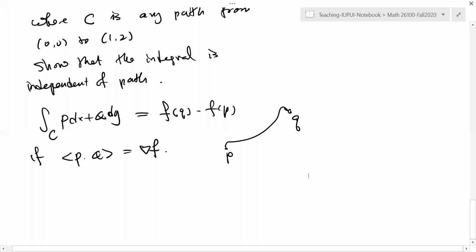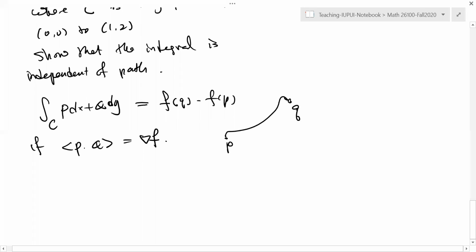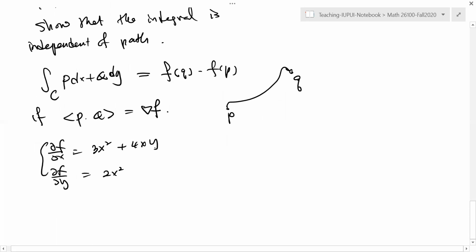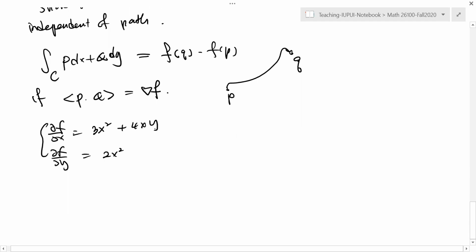All right, so all I have to do is find the little f. Our P is going to be 3x squared plus 4xy, and our Q is 2x squared. So how do we find f? Just integrate either of them.